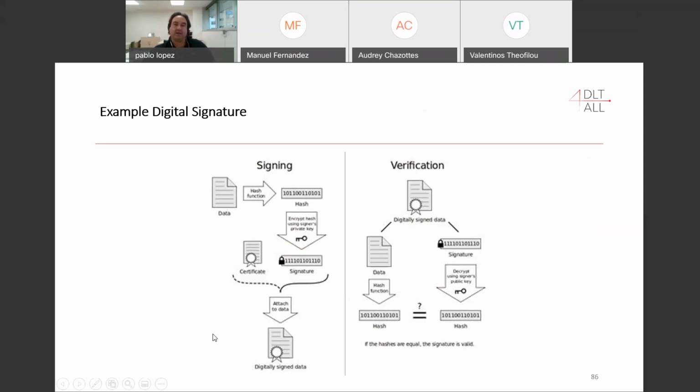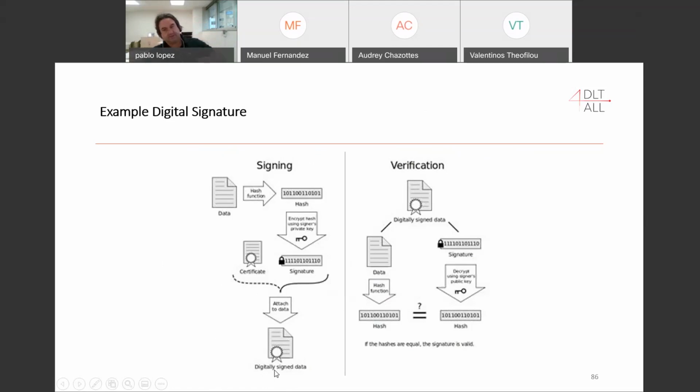This is a certification, and you have here the hash. And if you register this in a blockchain, you have digitally signed data on a blockchain, a certificate in blockchain.